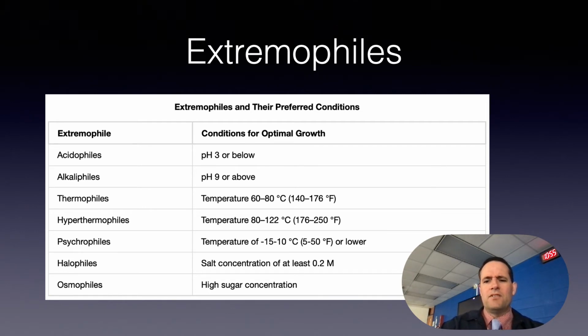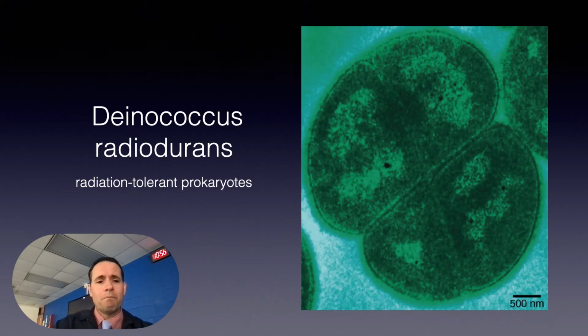Other extremophiles, like radio-resistant organisms, do not prefer an extreme environment. In this case, one with high levels of radiation, but they've adapted to survive it. I'll show you a figure of that. Organisms like these give us a better understanding of prokaryotic diversity and open up the possibility of finding new prokaryotic species that may lead to the discovery of new therapeutic drugs or have industrial applications.